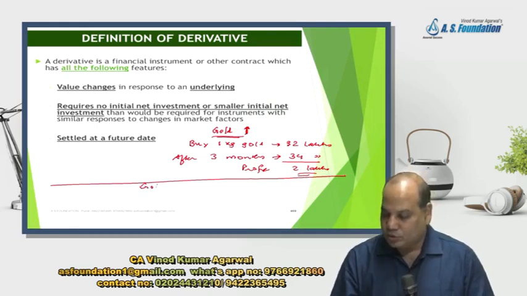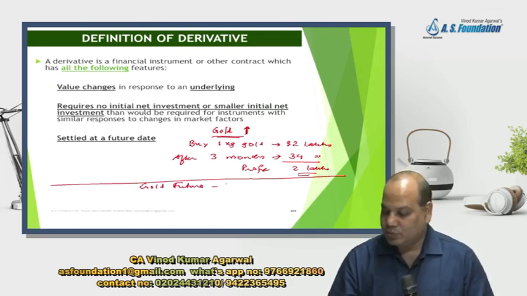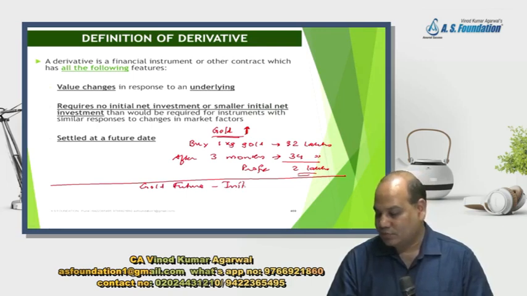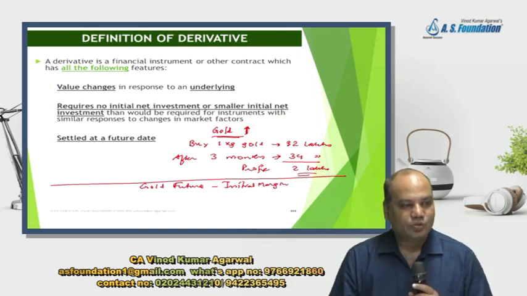You go to a commodity exchange where gold futures are traded. Gold future is a derivative, but you have to pay some initial margin. If you want to participate in the derivative market, you have to pay some initial margin on a future contract.